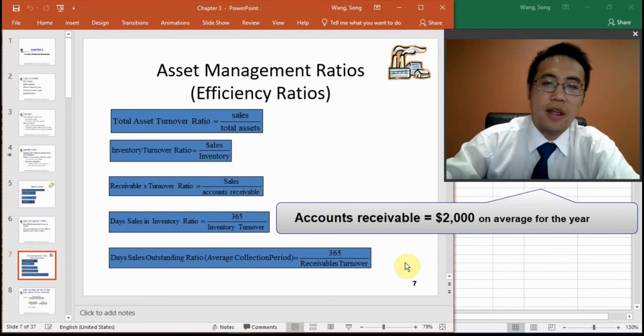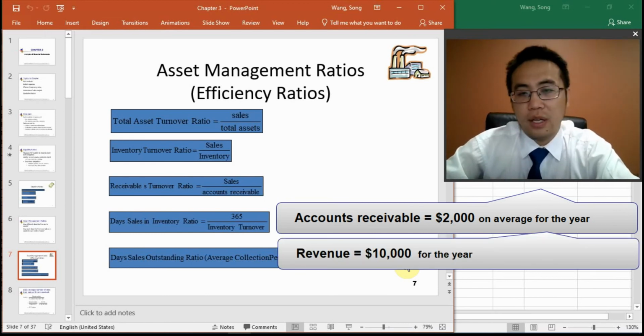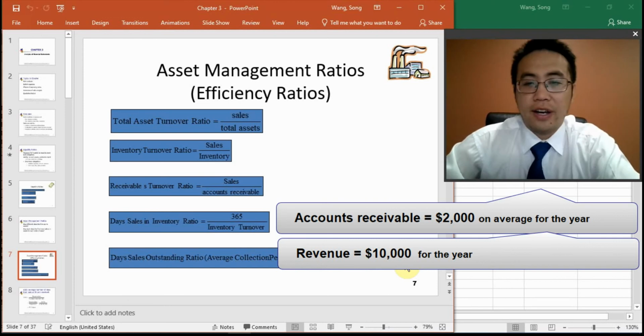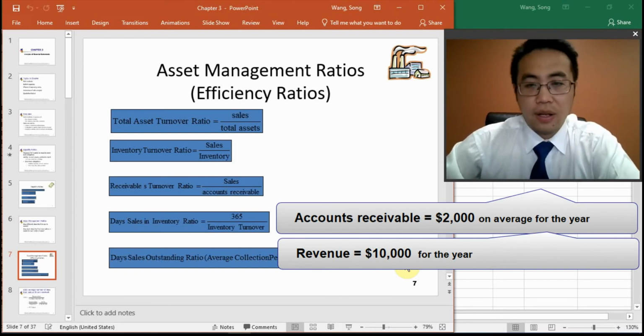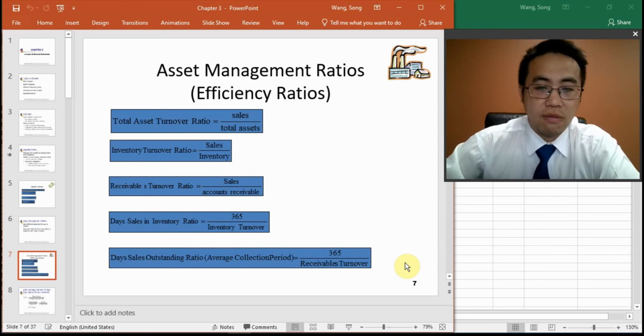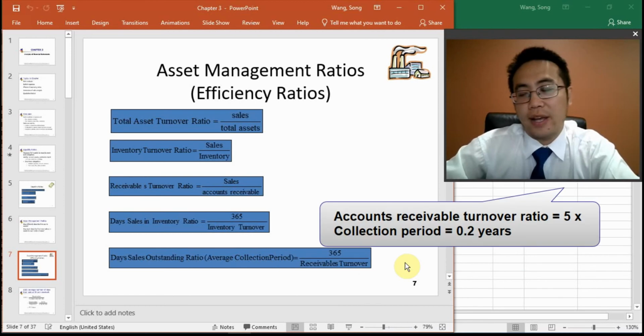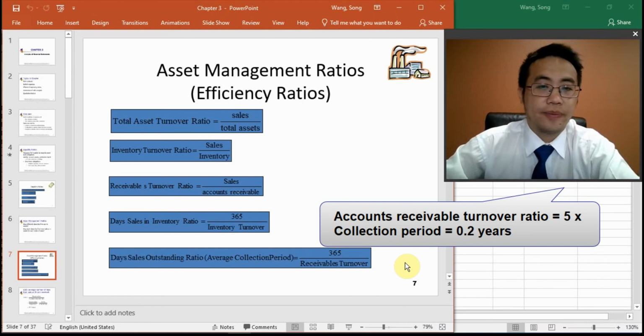If you have $10,000 worth of services delivered divided by the $2,000 of outstanding receivable, then your receivables turnover would be 5. So that means you would outstand and collect your receivable 5 times. And on average, that is 73 days.